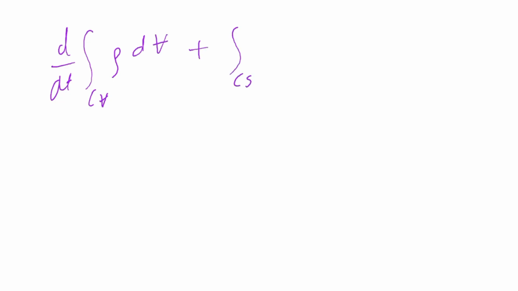So essentially, if I rewrite it, I will end up getting d/dt of the integral of rho dv, plus the integral over the control surface of rho v dot n dA, is equal to 0.